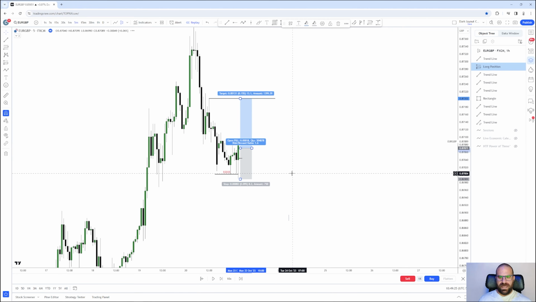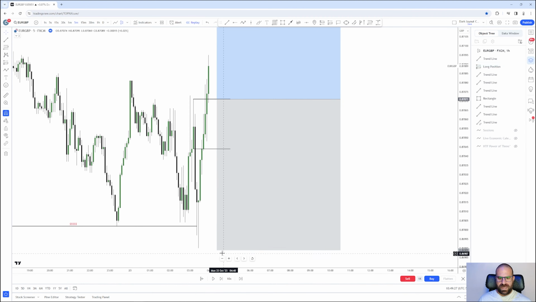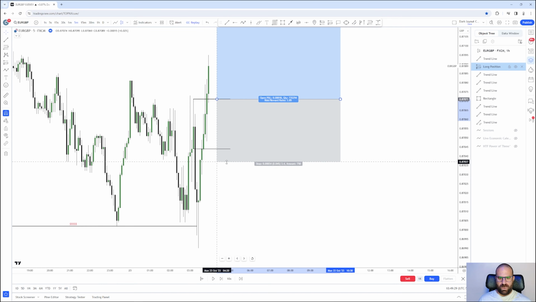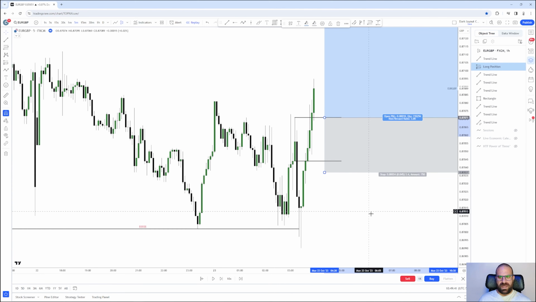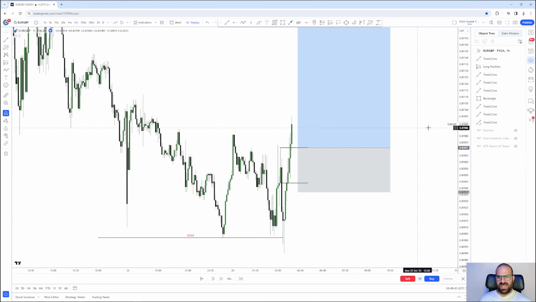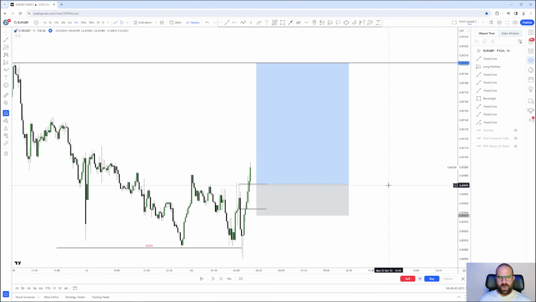Now, ideally, I would like to increase my reward to risk, and I would place my stop loss not right below the breaker, because there is the fair value gap. Below it, you will tell me there is another one, but I can do something like that, increase it a little bit, and this suddenly becomes a 3.85 reward to risk.